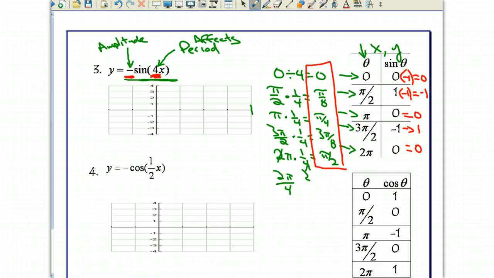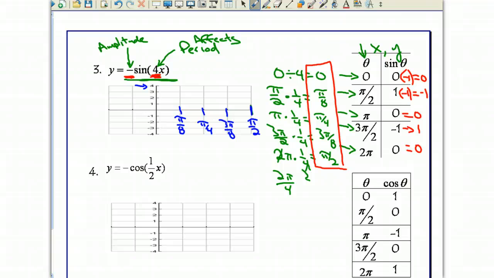I want my 4 key points. I've got my 0. Instead of pi halves, this is now pi over 8, pi over 4, 3 pi over 8. Instead of going all the way to 2 pi, this graph occurs 4 times more frequently, so I'm done in pi halves. My y, we've got 1's on here, so I can't really argue with that. I wish that was a different scale, but that's what it is.